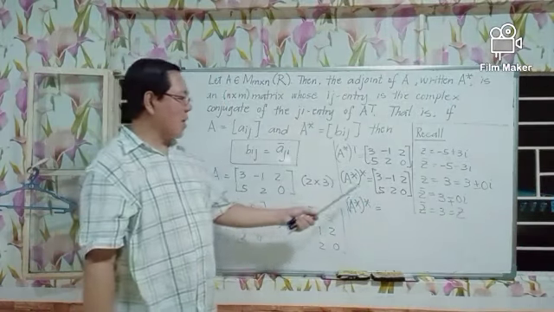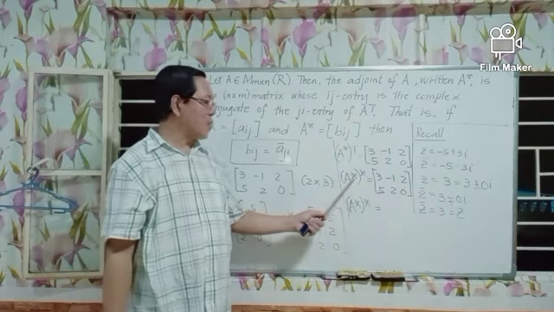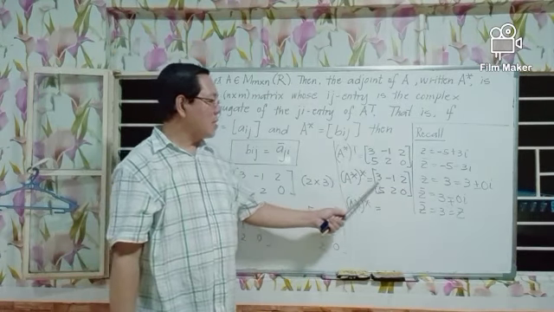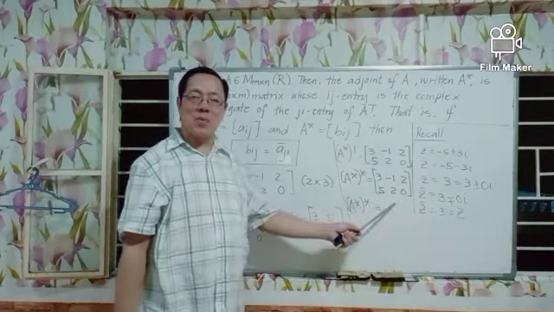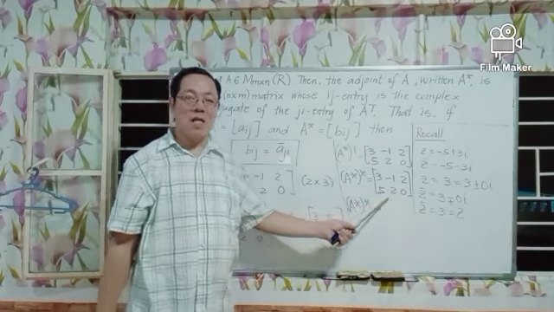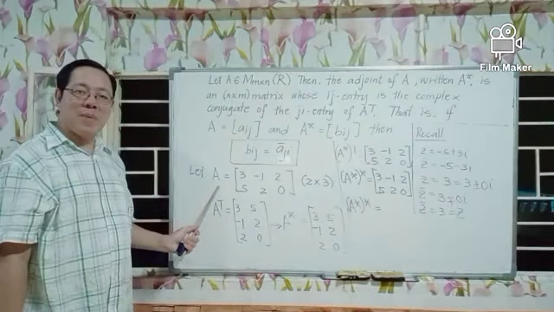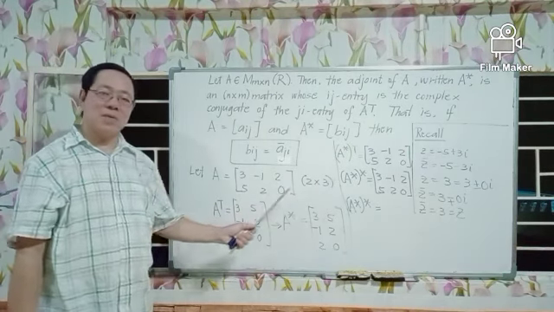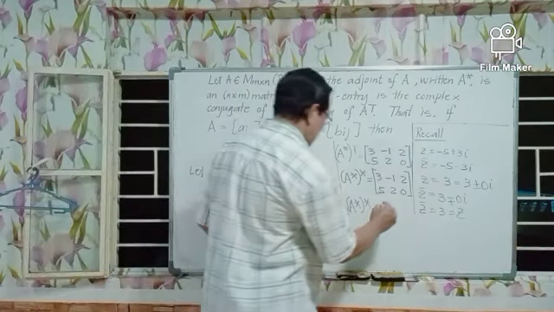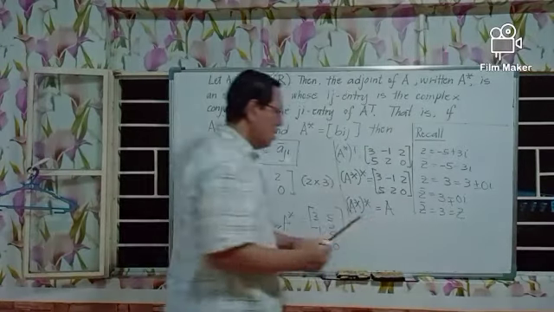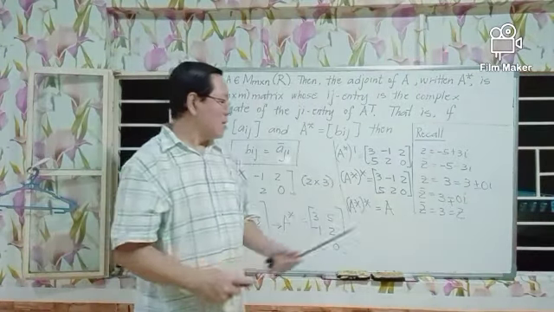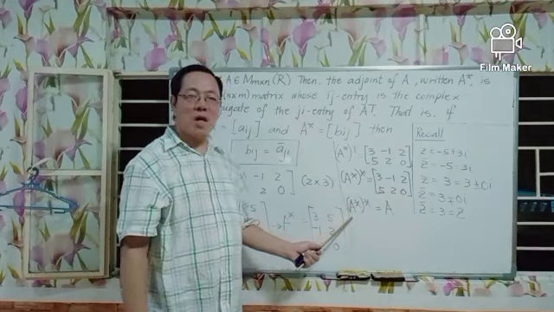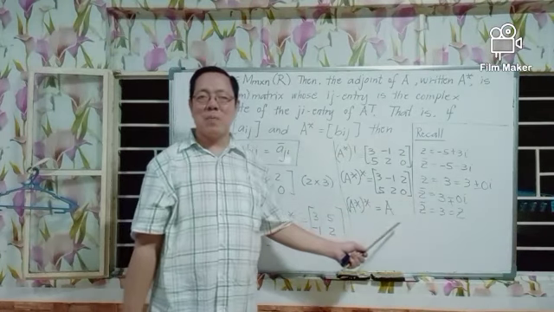But by inspection of the conjugate of A, 3, negative 1, 2, 5, 2, 0, this is exactly the given matrix A. 3, negative 1, 2, 5, 2, 0. Thus, we have shown that the adjoint of the adjoint of a matrix is equal to the matrix.